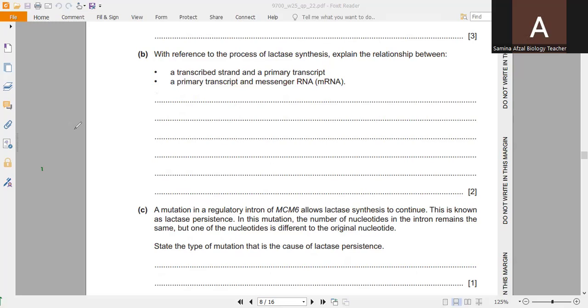It consists only of the exons that will actually be translated into the polypeptide chain for the lactase enzyme. So the primary transcript contains both exons and introns. Through a process called splicing, the introns are removed and the exons are joined together. So this is only 2 marks.